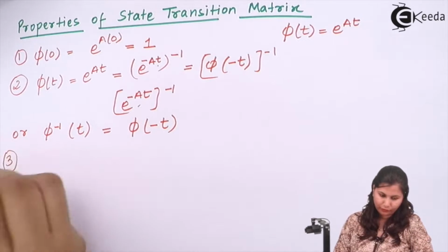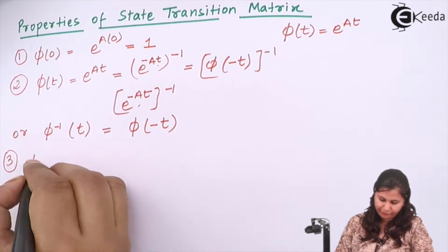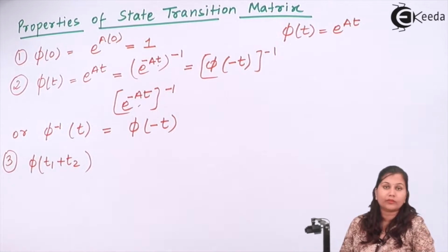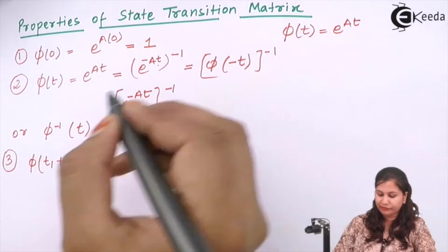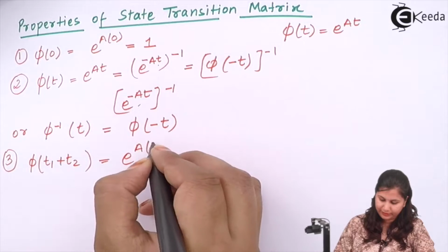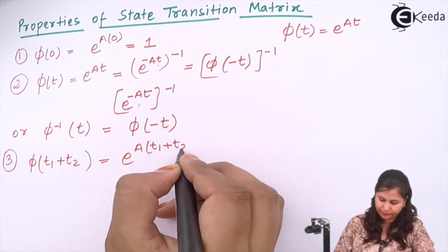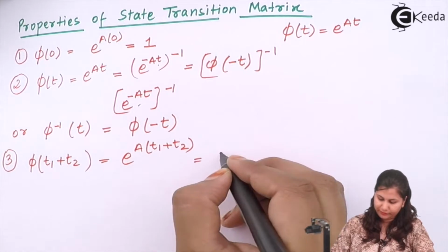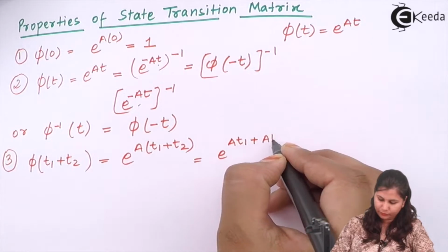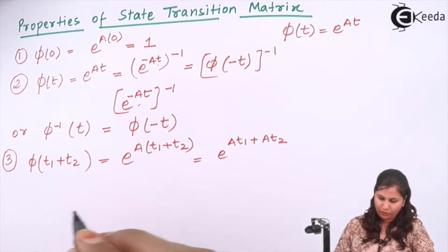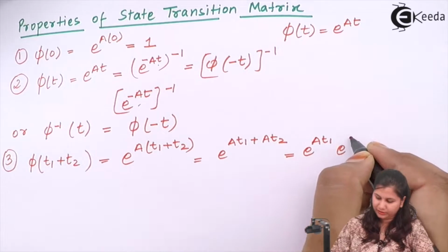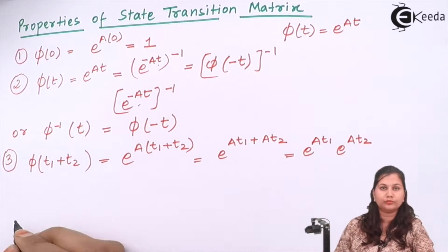Third property of the transition matrix is phi(t1 plus t2). That is, instead of t, we are writing t1 plus t2. So it will be e raised to the power A(t1 plus t2), or e raised to the power At1 plus At2. Or we can say e raised to the power At1 times e raised to the power At2.